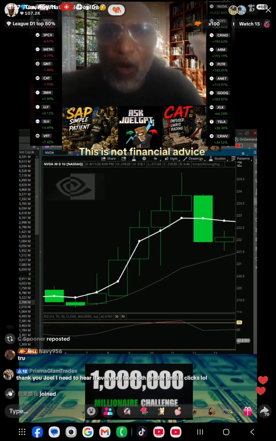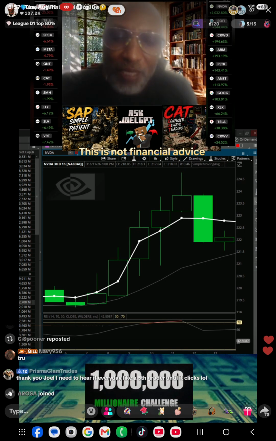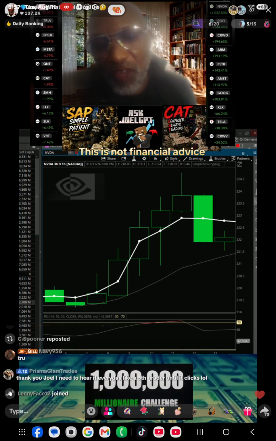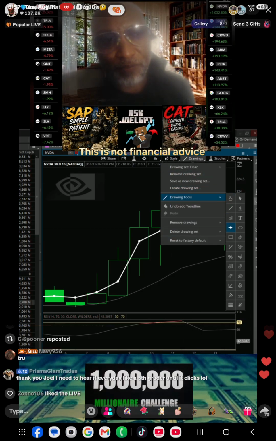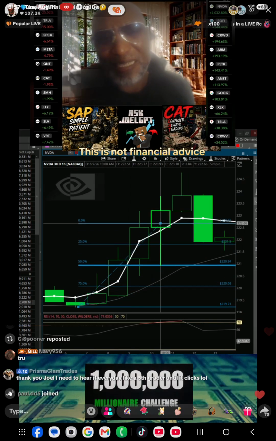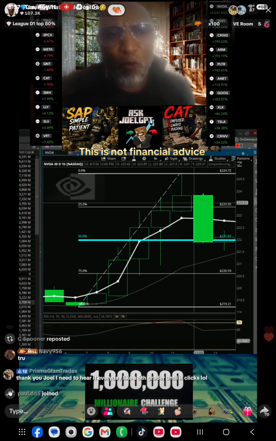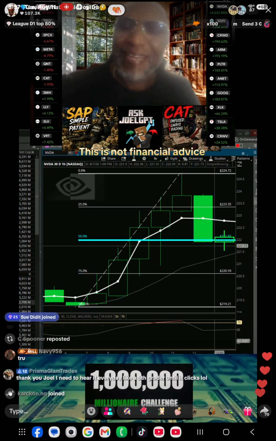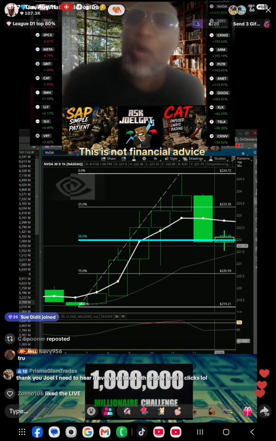There are support levels within that bullish move. The only time I think you should use support levels is if you're using Fibonacci levels. Fibonacci levels are different because they're just retracements. These aren't even support levels, they're retracement lines.